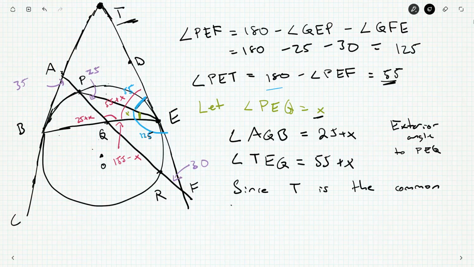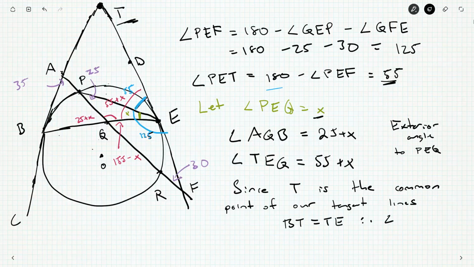But since T is the common point of our tangent lines, we know that BT is equal to TE, and therefore angle TBQ is equal to angle TEQ, and we know that that's 55 plus X.